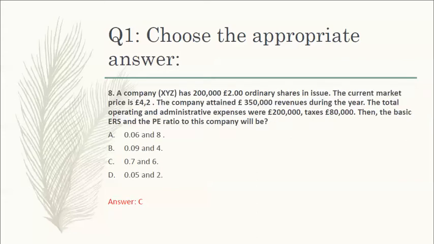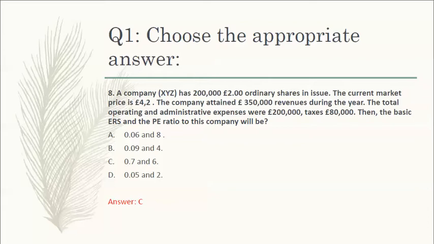Question number 8. A company XYZ has 200,000 £2 ordinary shares in issue. The current market price is £4.2. The company attained 350,000 revenue during the year.